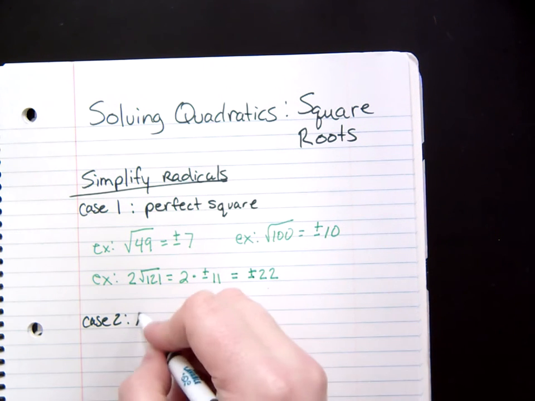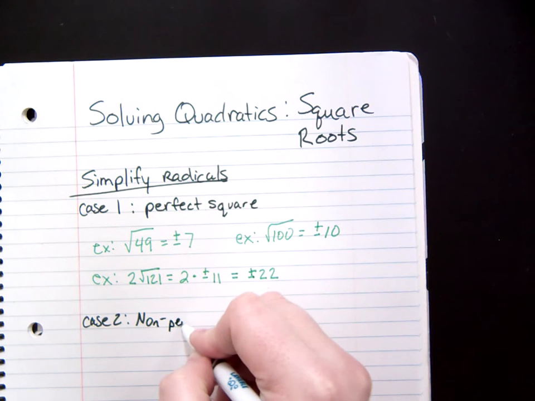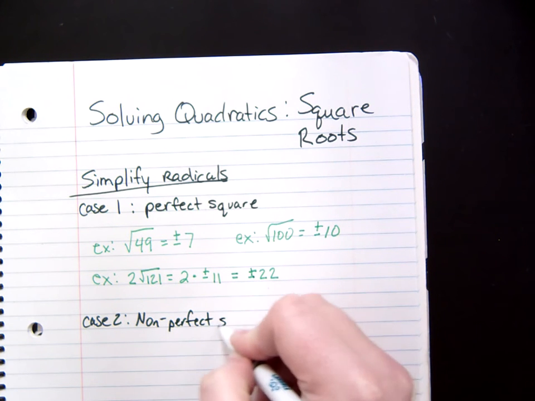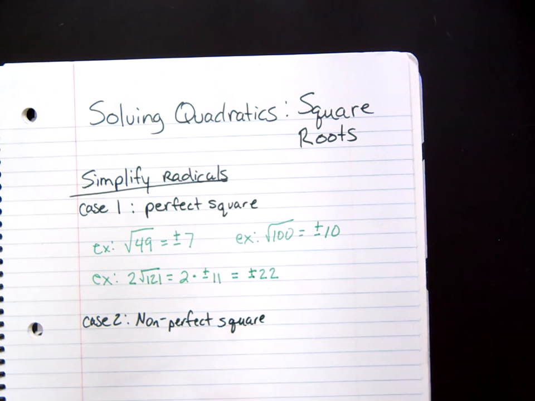Case 2 is non-perfect square roots. In the case of a non-perfect square root, what you have to do is break it down as far as you can go. So let's take the square root of 112. 112 is not a perfect square.